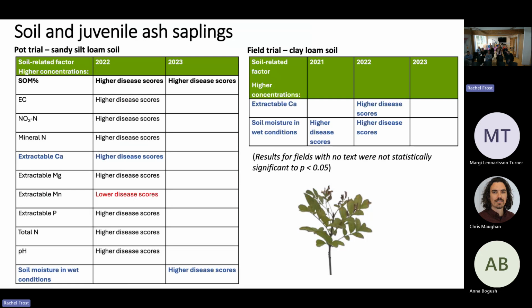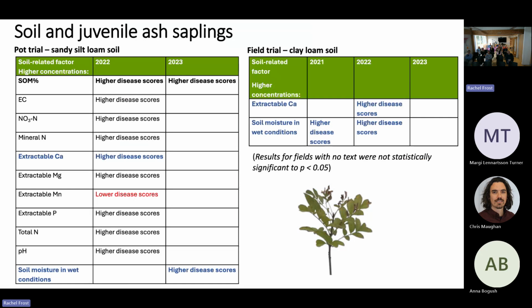Whereas in the juvenile trees, very wet conditions during, say, rainfall or when the soil was already saturated was associated with high disease scores. So I think what was probably happening here is that the saplings in very waterlogged soils were coming under a lot of stress. So they didn't have as much energy to withstand the disease.